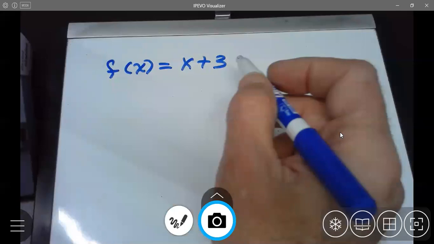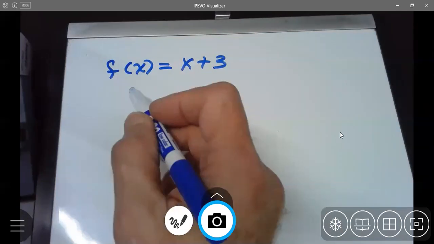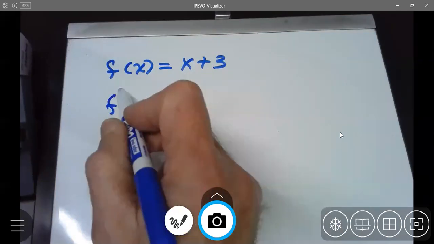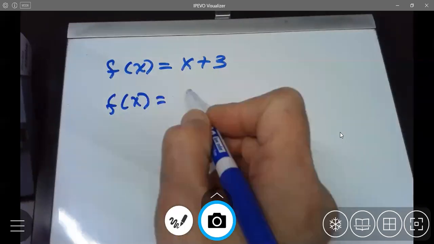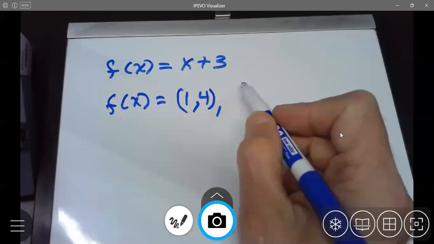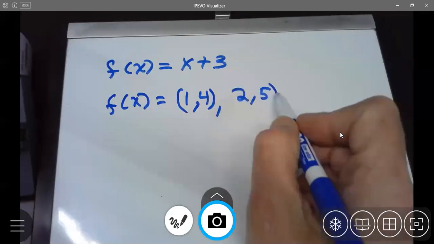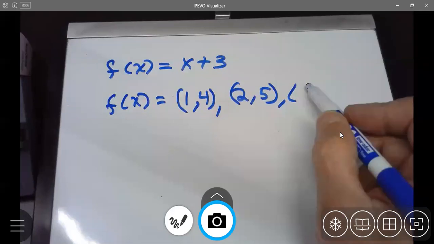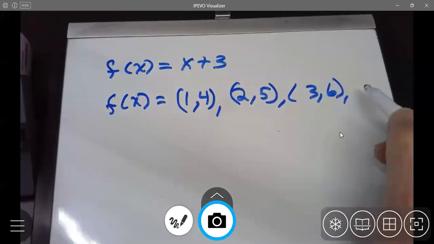And we had the ordered pairs of our function as (1, 4), (2, 5), (3, 6), and (4, 7).